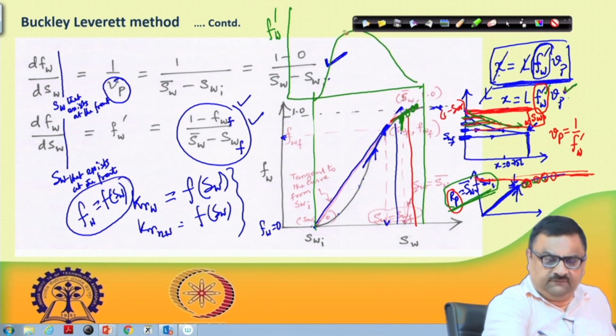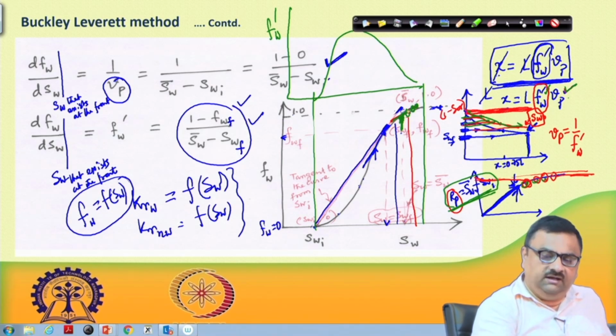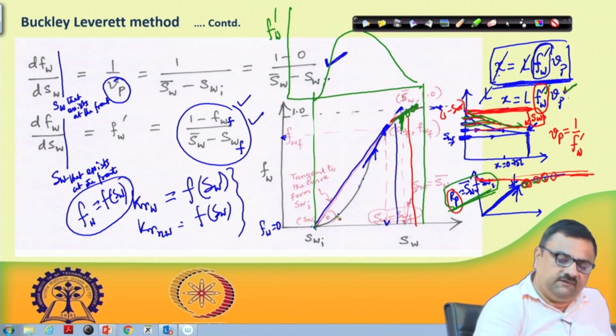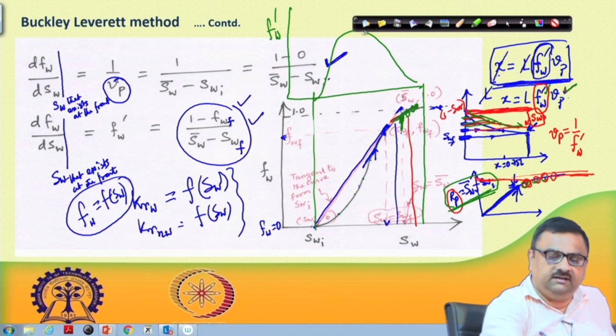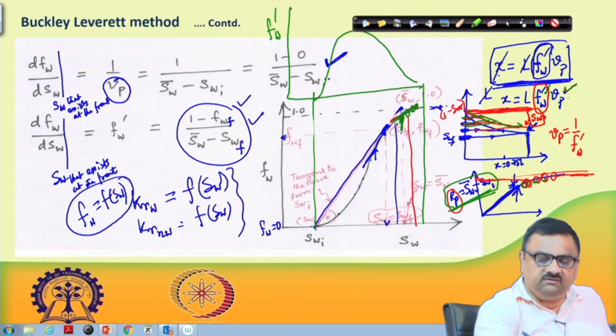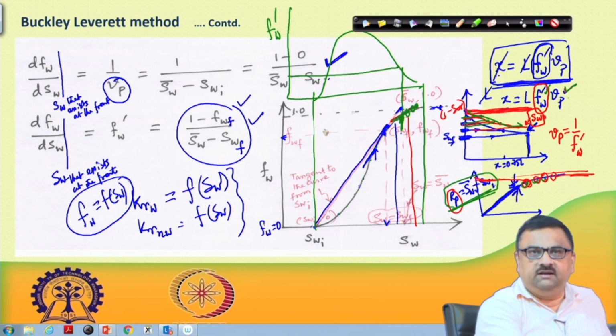So, this is how FW prime goes. Instead of drawing a tangent at every point and doing this calculation, if first you pick up some points here and generate this FW prime curve, then it would be easier. We do not have to draw a tangent to find out the slope. Directly we can read the corresponding FW prime.